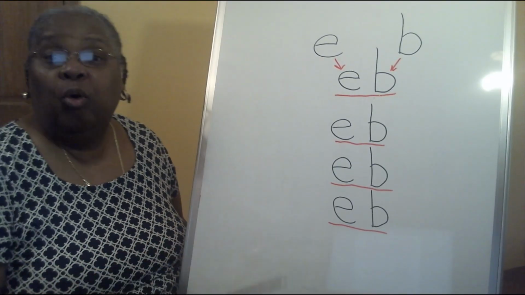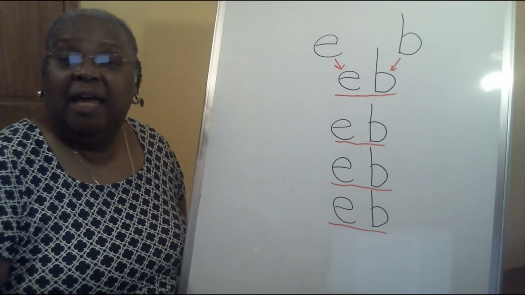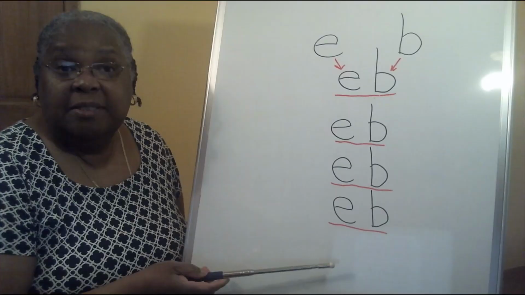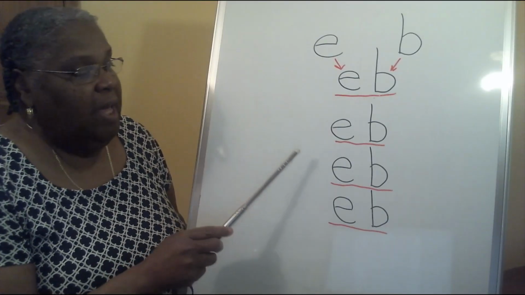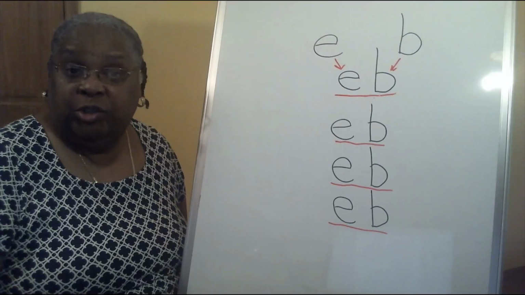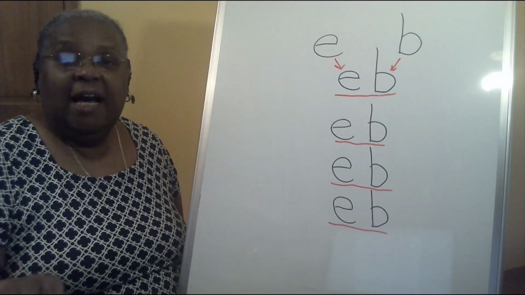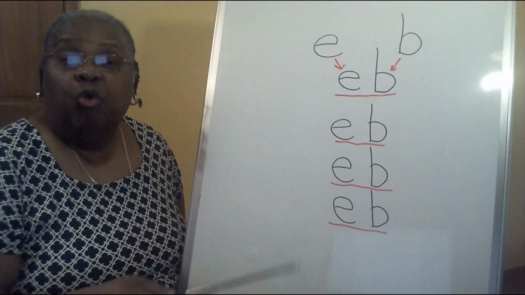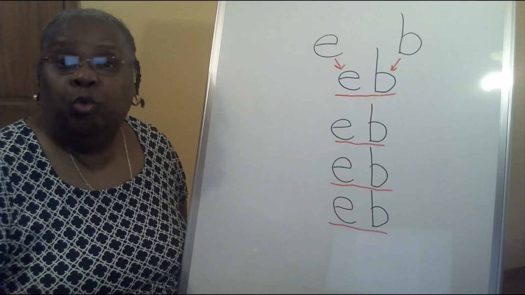Here on the board, we have the blend EB written a few times. Here, the blend EB will be used to help us form words. We will put a consonant at the beginning of each blend to form words that have their own meaning.